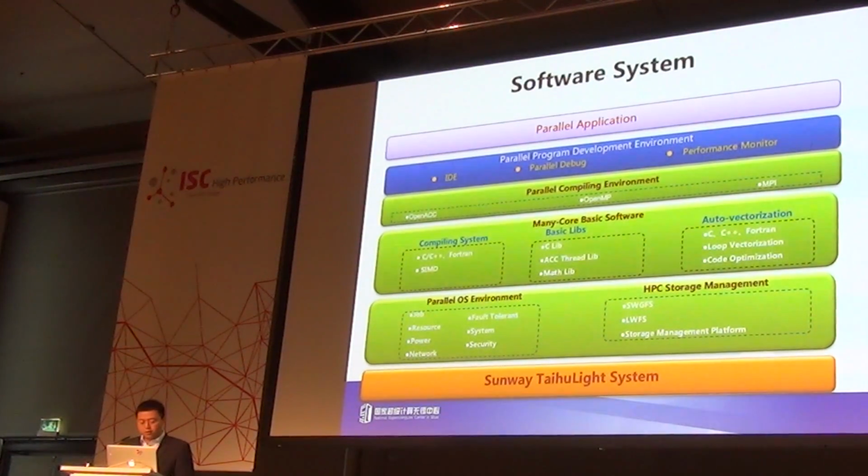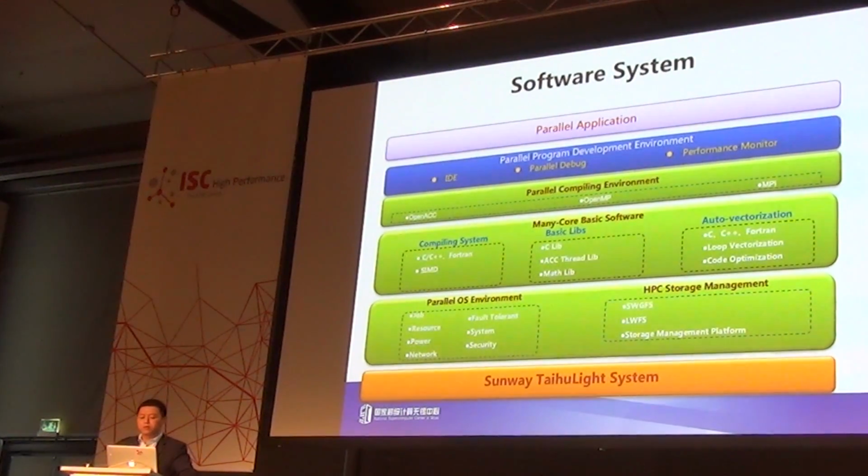For the compilers, we support C, C++, and also Fortran, and we provide all these basic software libraries, and we also support these auto vectorization features. For the parallel programming parts, we support OpenACC, OpenMP, and also MPI, which supports the standard of MPI 3.0.